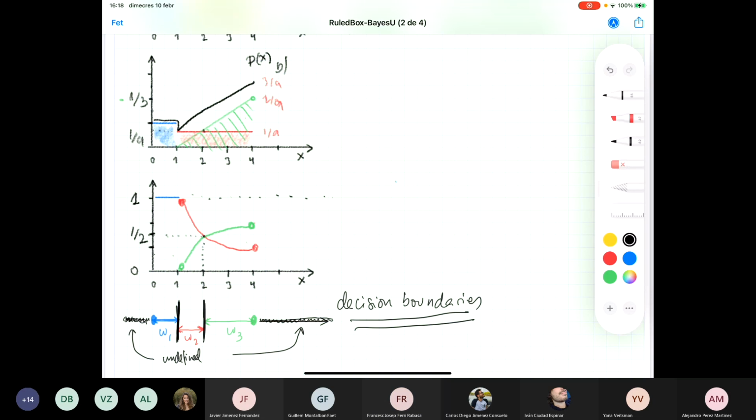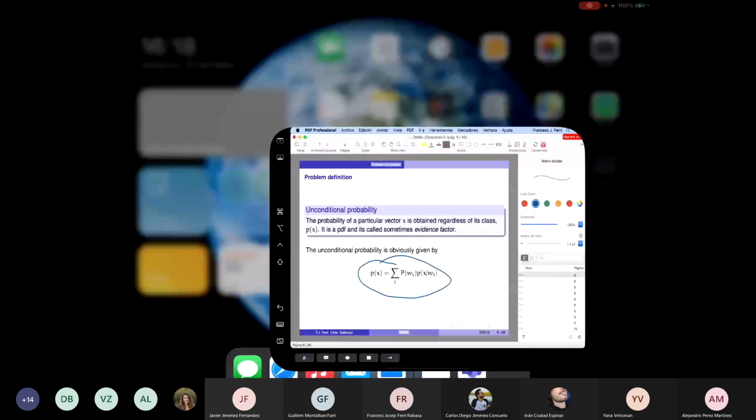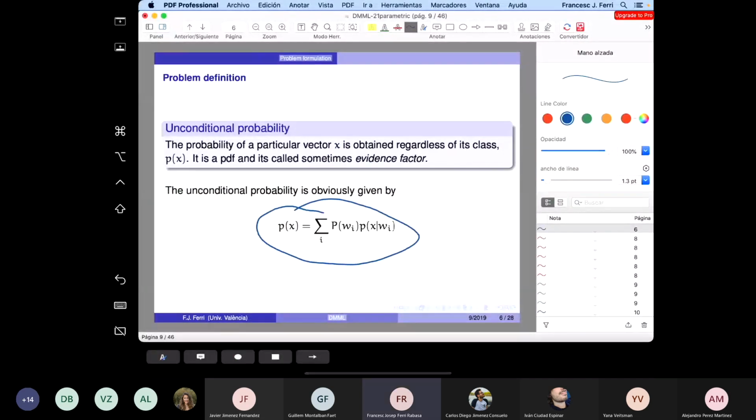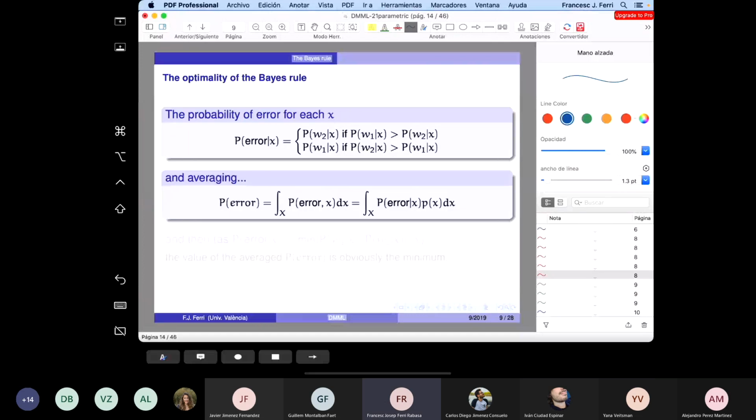Is it okay? What would be the probability of error? Let's go to the definition. The probability of error is the integral of the probability of error for all x.